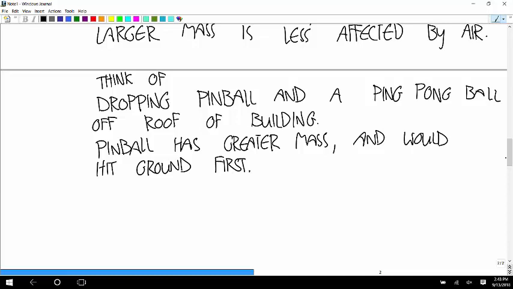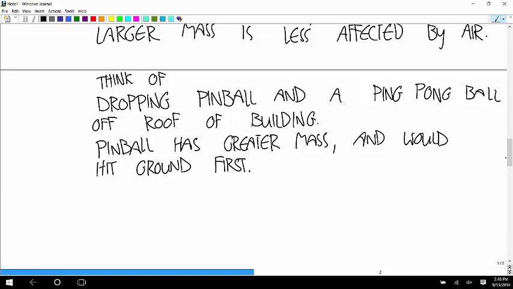Yes, so it makes air resistance affect it less. But here's what's happening. They have the same shape, and so the force of air resistance is actually the same on the pinball and the ping pong ball. The thing is, remember I said gravity applies different forces based on the mass?